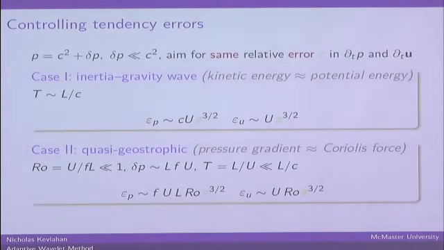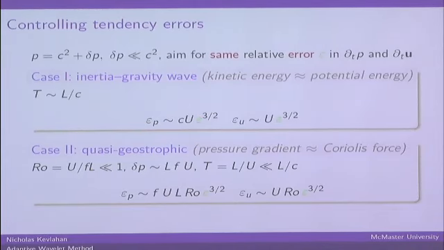Okay. So this is the scaling that you need in order to control the tendencies dp by dt and du by dt. It turns out the scaling is slightly different in the inertia gravity regime and in the quasi-geostrophic regime. Essentially, the threshold on pressure goes like the threshold on tendency to the 3/2 power.